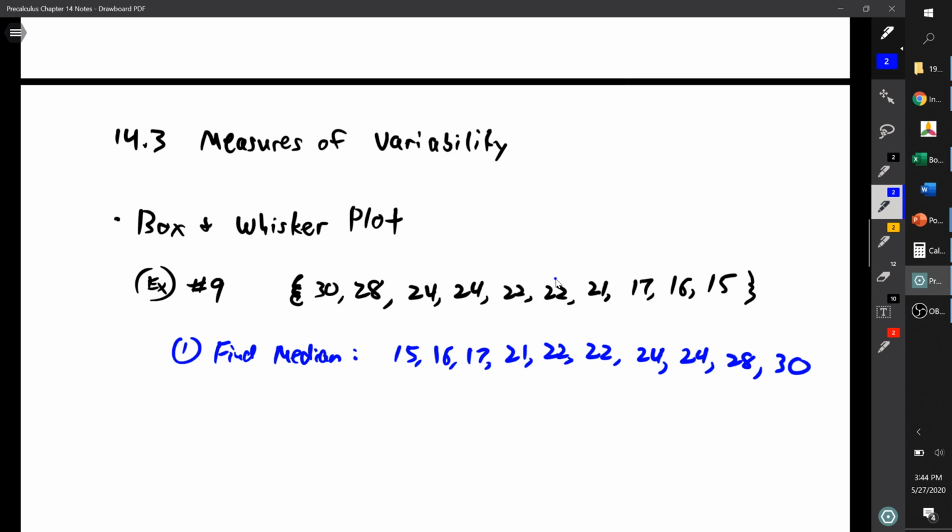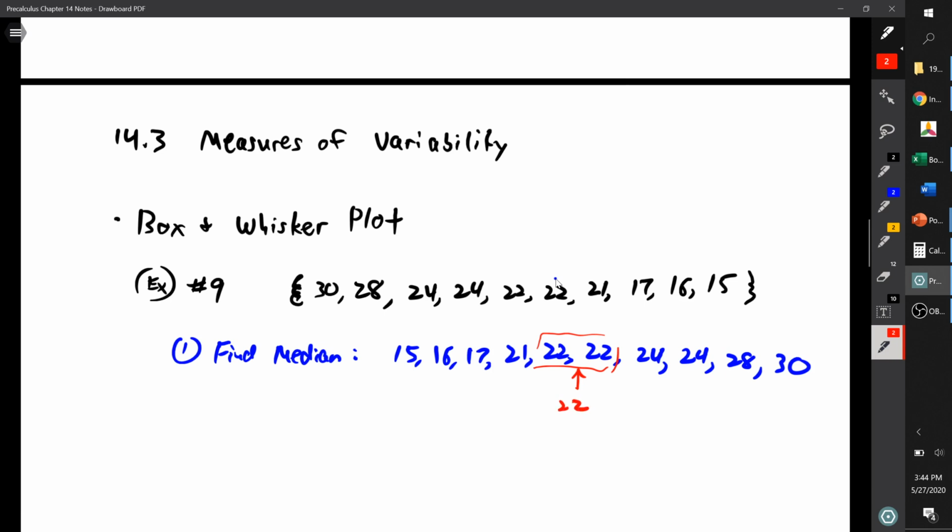So 1, 2, 3, 4, 5, 6, 7, 8, 9, 10. Ten data points, so our median is going to be the average of the middle two, which is 22.